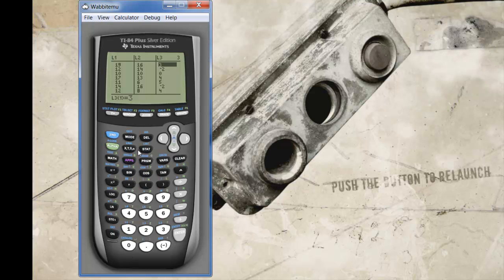So now we can hit stat, tests, t-test, and instead of inputting stats, we'll input data. We still had a hypothesis of 0. Now we need to change this to list 3. Don't change the frequency thing. That was greater than, leave that alone. And there's your t-value of 1.96 and your p-value of 0.045.